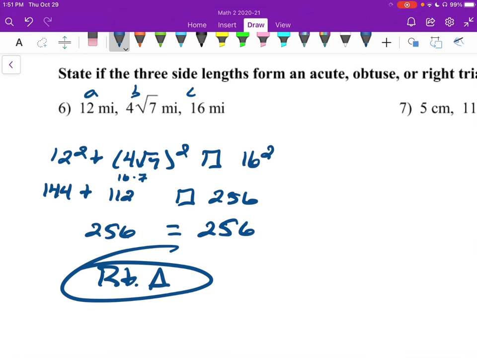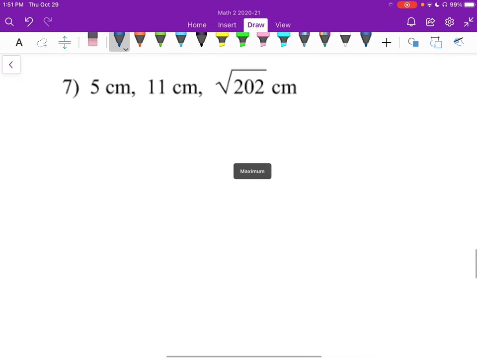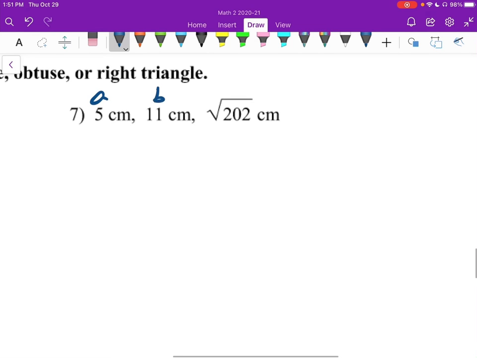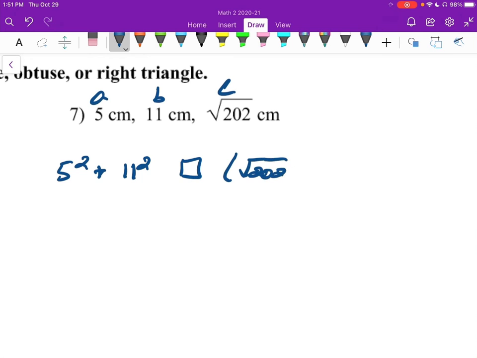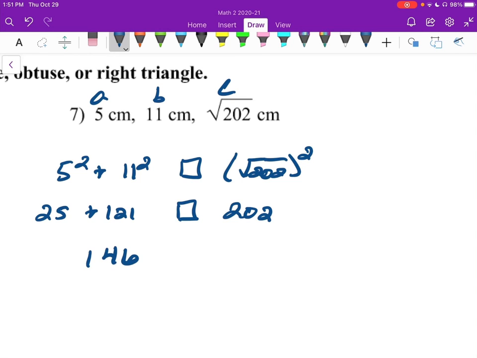There we are. All right, number 7. A, B, and C. So 5 squared plus 11 squared box root 202 squared. This gives me 25 plus 121 box 202. So 146, is that right? 146, yes.